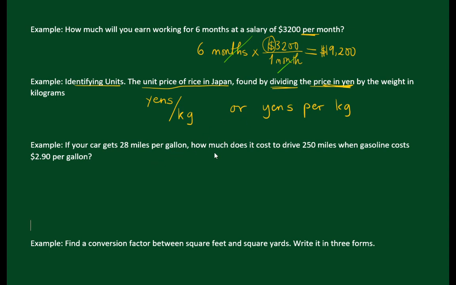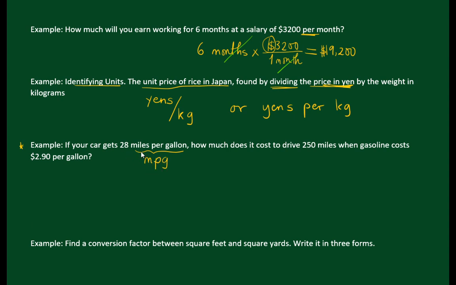Now the next problem is a beautiful problem. It's a really common problem in application problems. Let's say you want to travel to a place 250 miles away, and you know your car's MPG, miles per gallon.